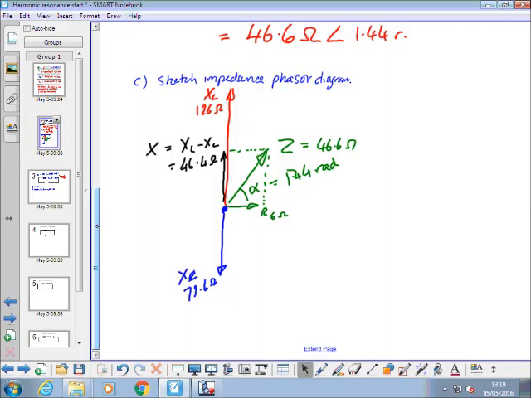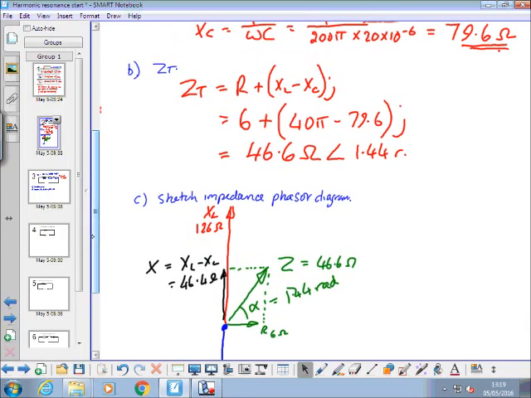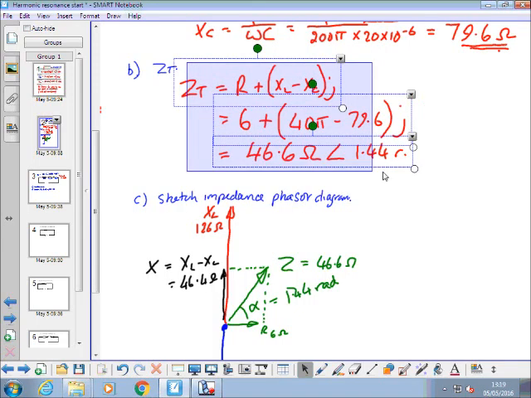So we've got an impedance value of 46.6 angle 1.44. We need that on the next page.